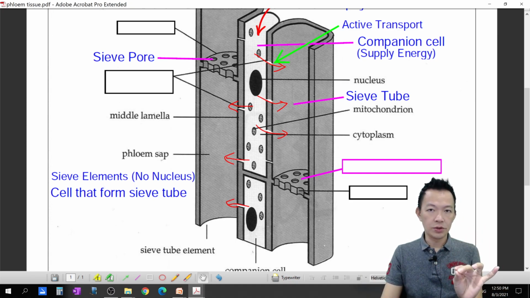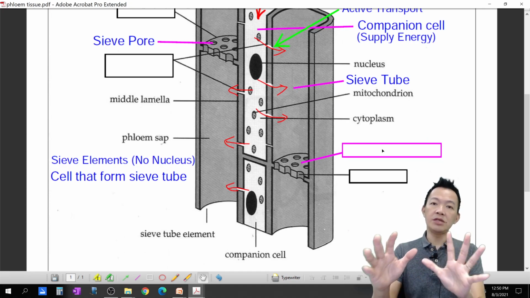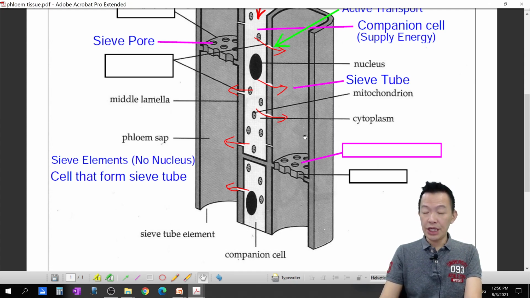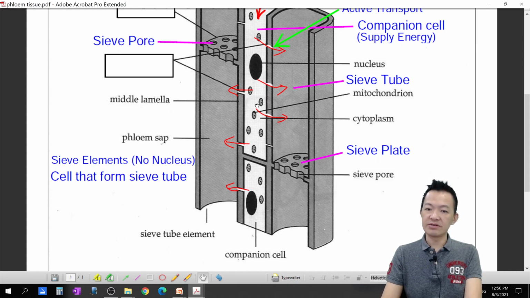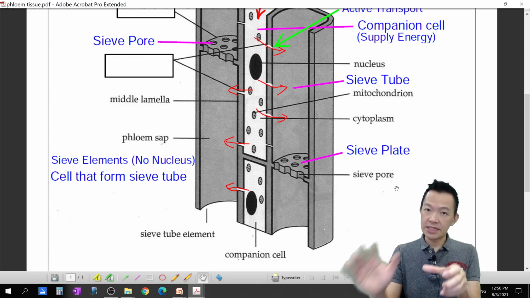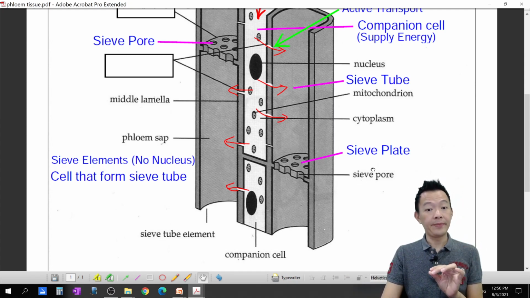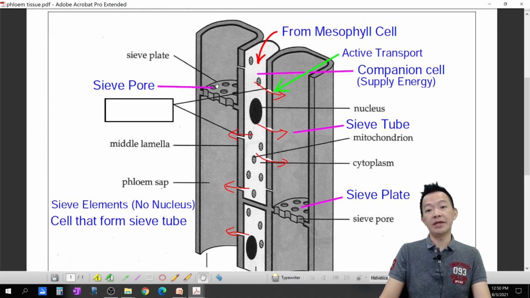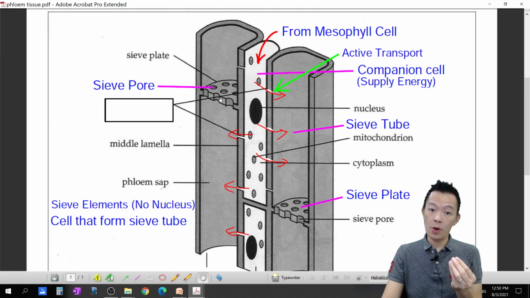If you compare the xylem tissue with the phloem tissue, when the cells join together they are separated by something. For xylem tissue there is no end wall, it is hollow. But for sieve elements, each element is separated by a sieve plate with pores. The sieve plate is a wall with holes, called sieve pores, so substances can still flow through. That is the difference.